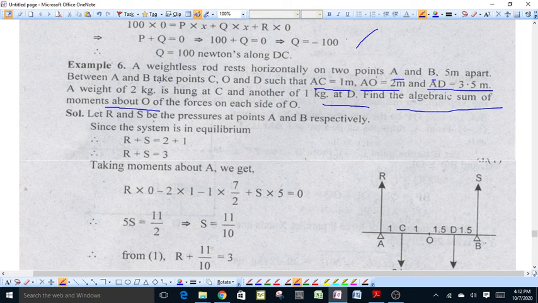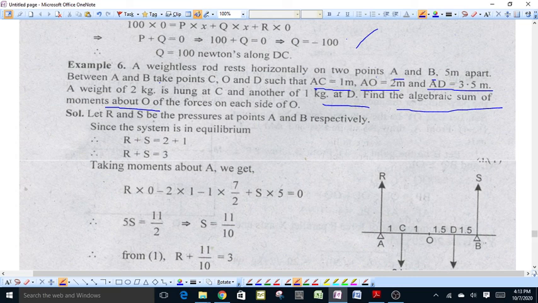Because the rod is a weightless rod resting on 2 points A and B, the reactions R and S will act vertically upward, because weight of rod acts vertically downward, and a weight of 2 kg is also hung at point C, and weight of 1 kg is hung at point D. Therefore, reactions at A and B will act vertically upward.